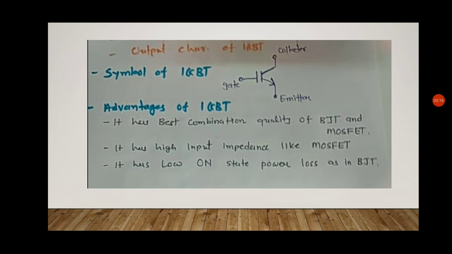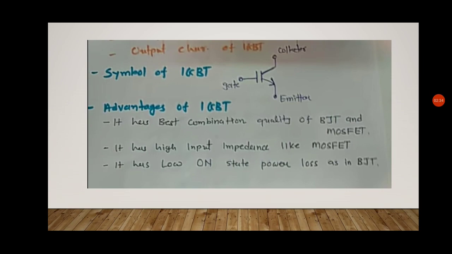The result of this hybrid combination is the IGBT transistor, which has the output switching and conduction characteristics of a bipolar transistor, but is a voltage control device like a MOSFET.